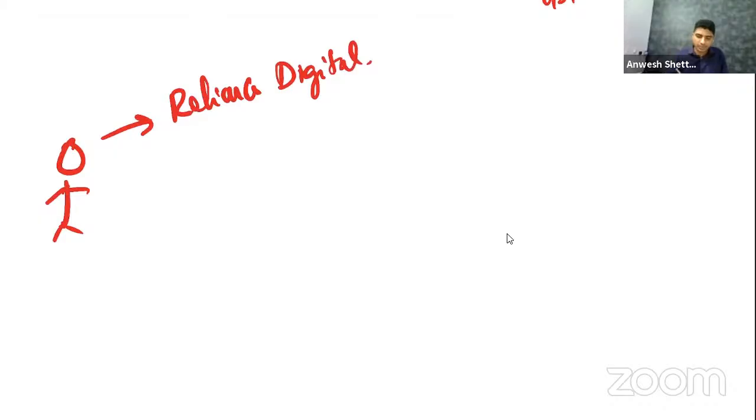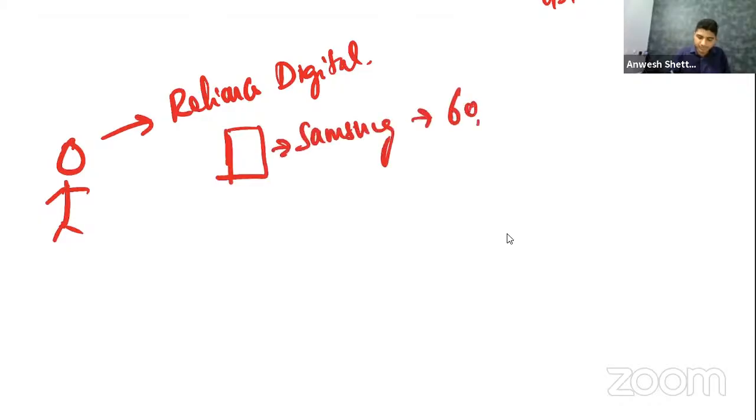You select a Samsung phone, which costs, let us say, 60,000 rupees. Now they will ask, sir or ma'am, do you want to pay immediately or through credit card? You will say, I want to pay through credit card. Now they will give you one small machine, and you will swipe your card on that machine. Correct? This is what happens.